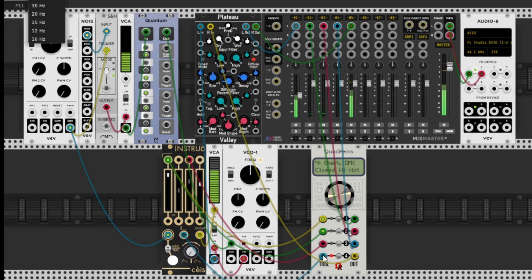Oh, it's closed hi-hat, sorry. No, of course it's closed hi-hat. And the voice of the VCO here is sent through Plateau, through the reverb. The rest is without reverb.